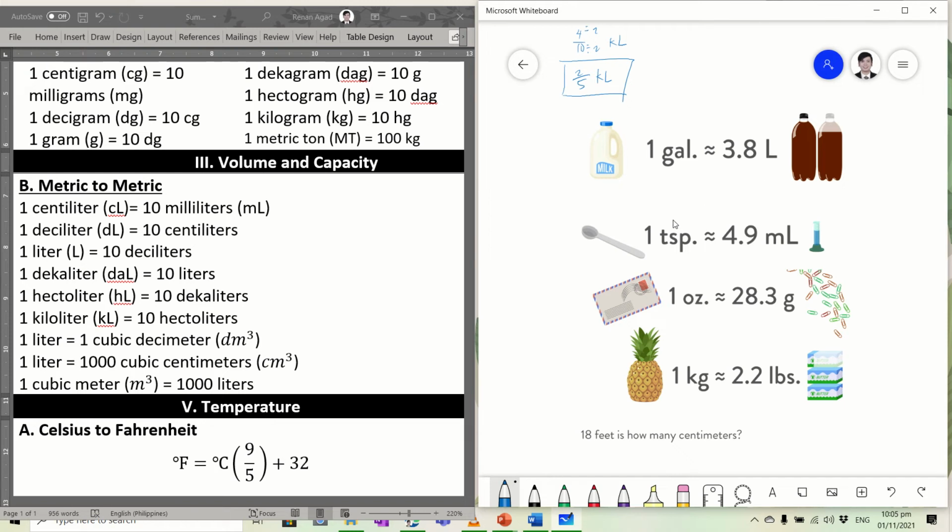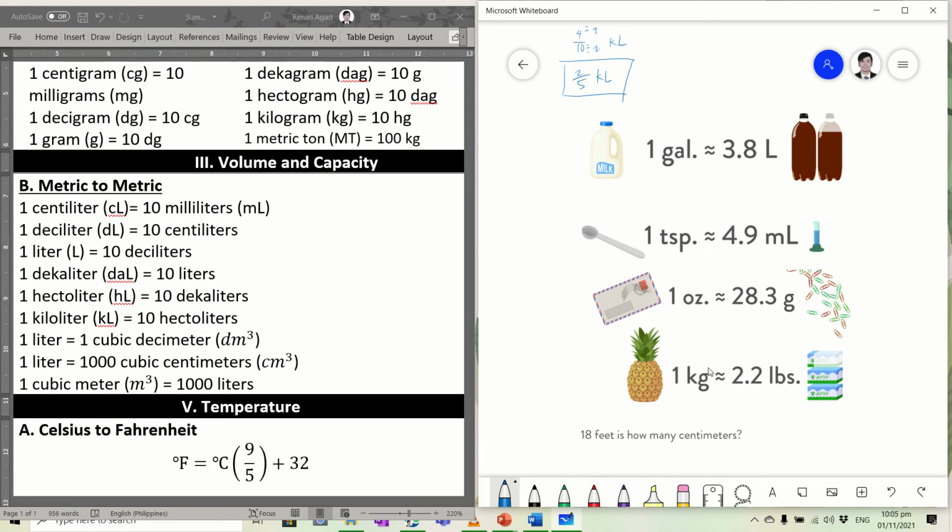So our 1 teaspoon is approximately 4.9 ml when we use the graduated cylinder. Then, in terms of weight, 1 ounce is approximately equal to 28.3 grams of paper clips.